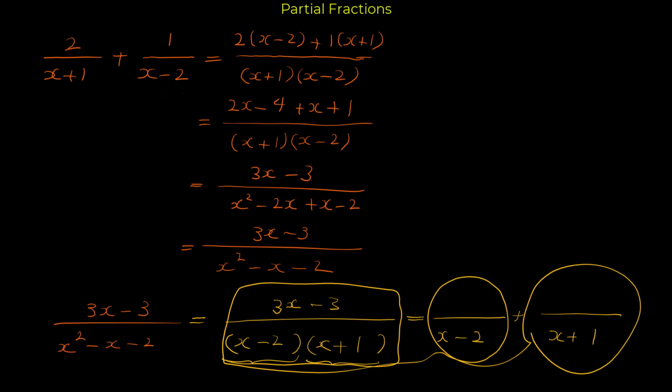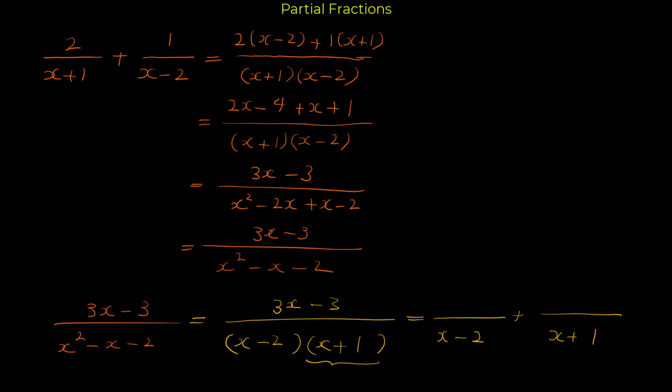We know that we are looking for two fractions whose denominators are x minus 2 and x plus 1. But what is the numerator of these fractions? Of course, we don't know. And so we put two unknowns, A and B, in the top of our fractions.